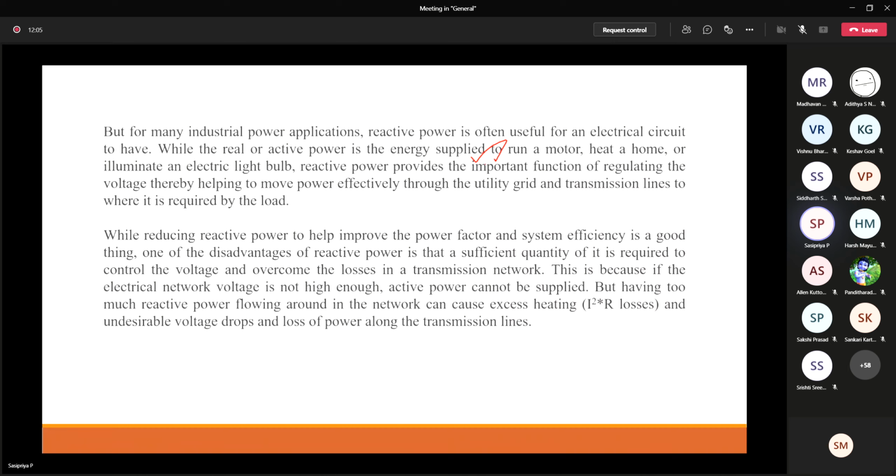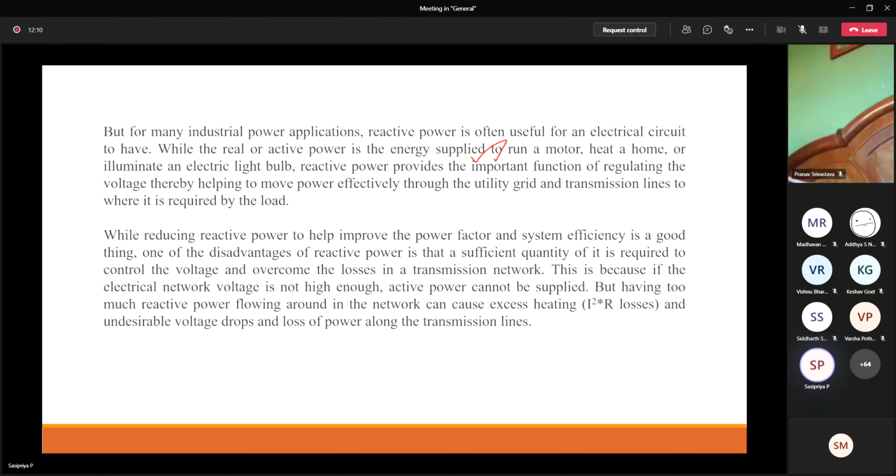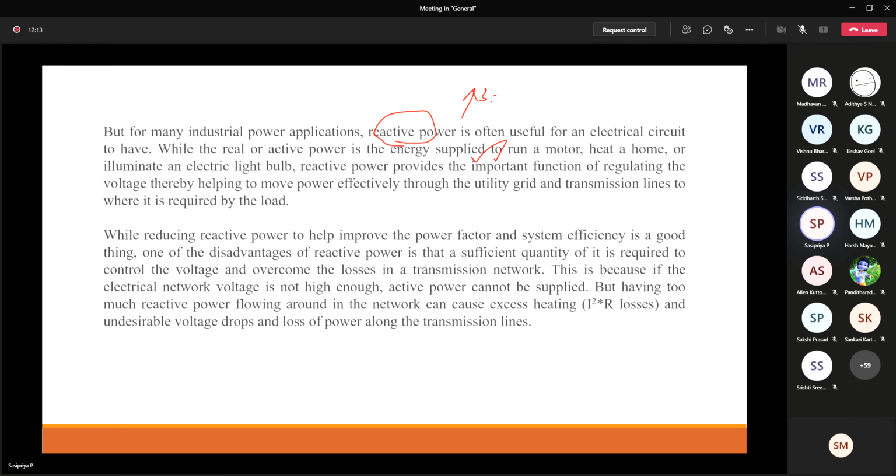Reactive power is mostly useful in industrial applications, where we go for a three-phase supply. You can ask me, ma'am, why this is not a problem in household appliances. Mostly our loads are lower rating loads, and most of the appliances internally have a power factor correction unit, or a power factor compensator unit.